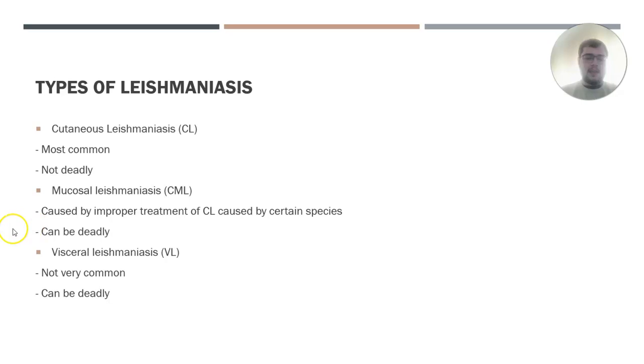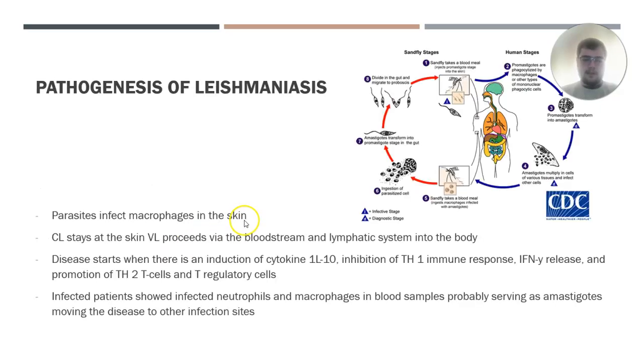And it can be deadly in some cases, depending on where it infects. And then visceral leishmaniasis is not very common. It's only caused by two or three species of Leishmania parasites, and it can be deadly.